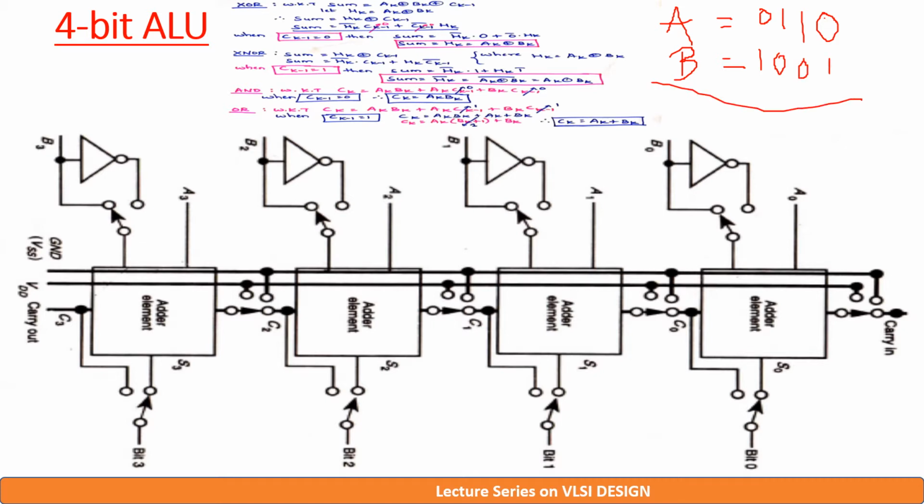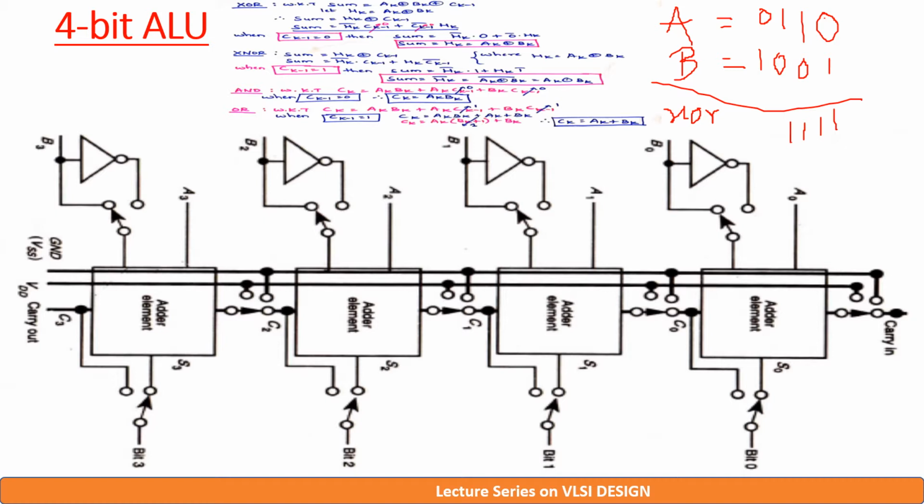If you perform XOR, 0 XORed with 1 is 1, 1 XOR 0 is 1, 1 XOR 0 is 1, 0 XOR 1 is 1. So this is the expected output.